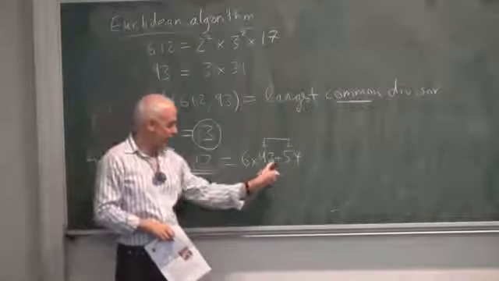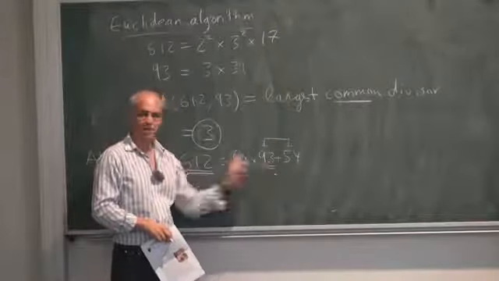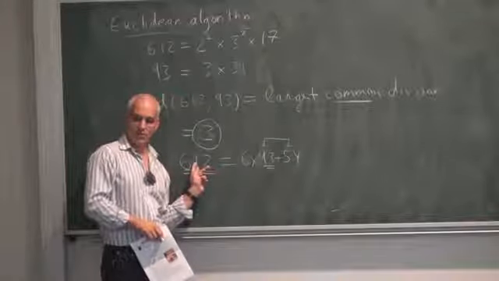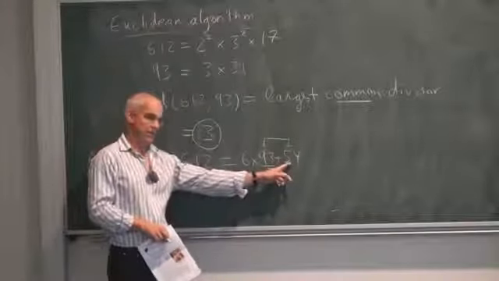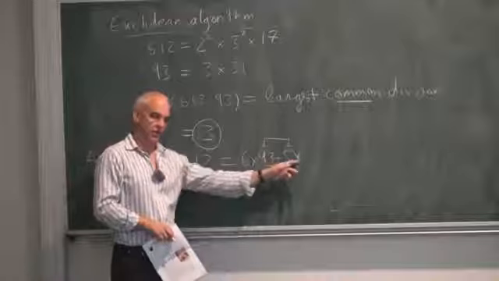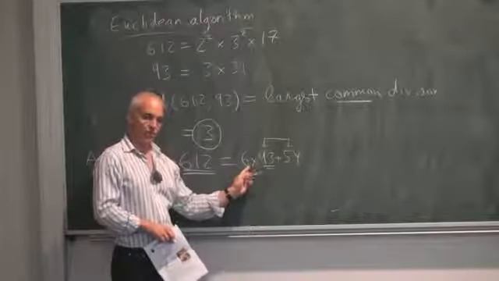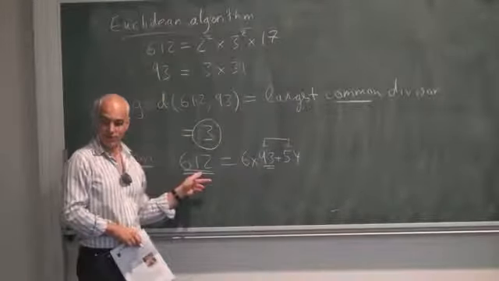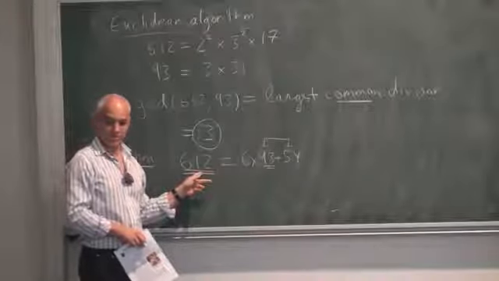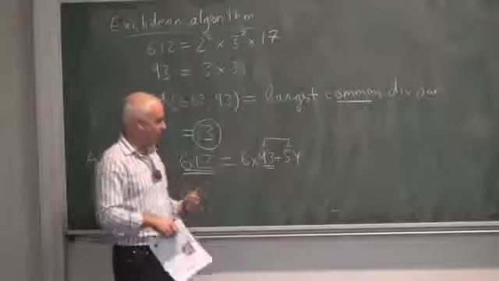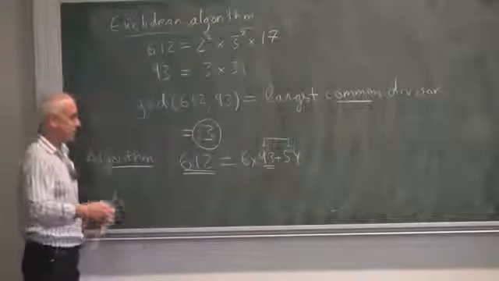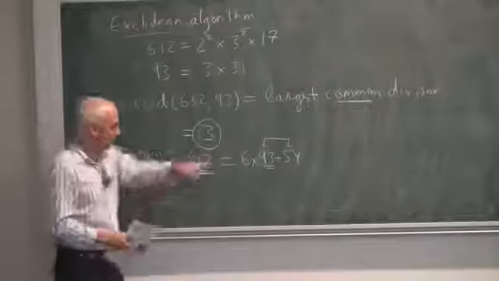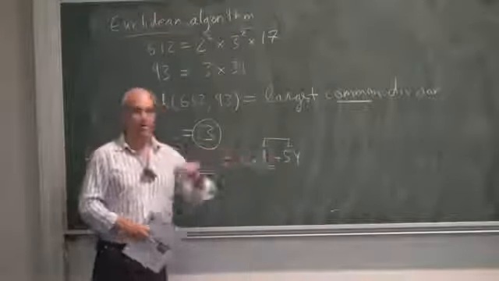Any number that divides these two is also going to divide this one. Like if this one's divisible by 17 and this is divisible by 17, then 17 will divide this whole right-hand side, and so it will divide this. So the problem of finding the greatest common divisor is now reduced to a smaller problem, namely the problem of finding the greatest common divisor of these two.